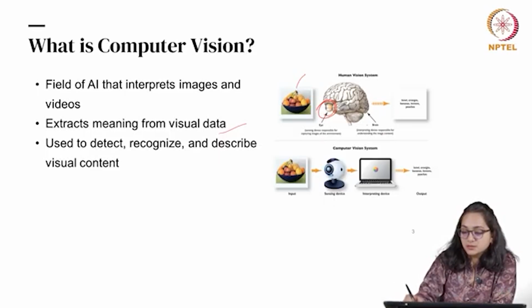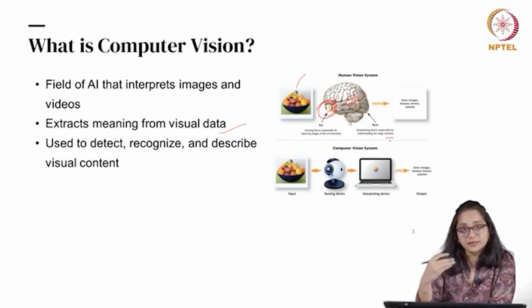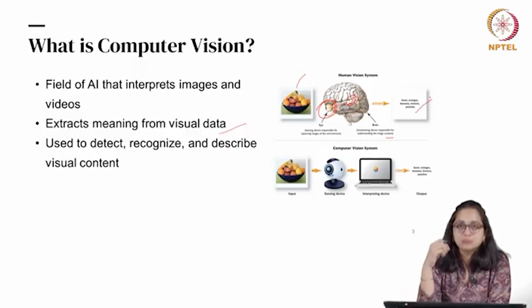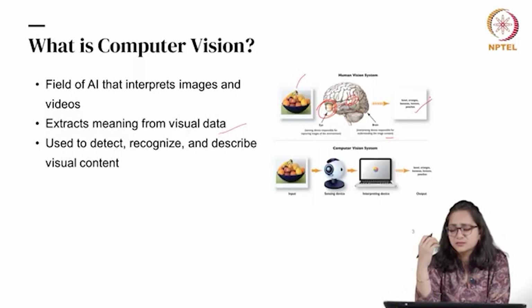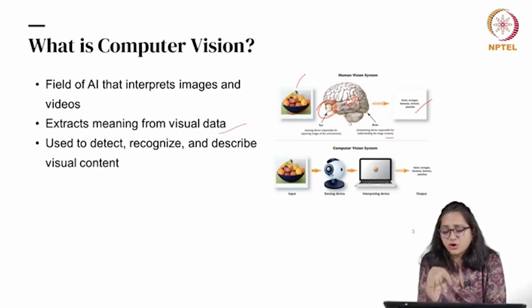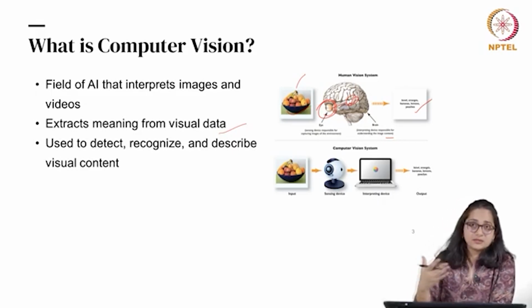And then the brain interprets that visual information and is responsible for understanding the content of the image. So then you are able to put some tags to that image, that okay, there's a bowl, it's a fruit bowl, there are some peaches, there are some oranges, there are some bananas, some lemons, etc. So this is how a human vision system works.